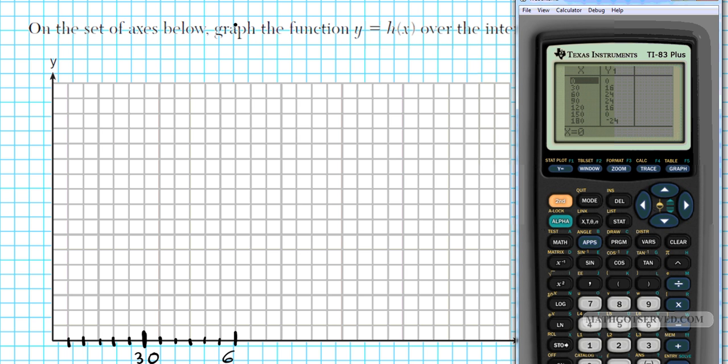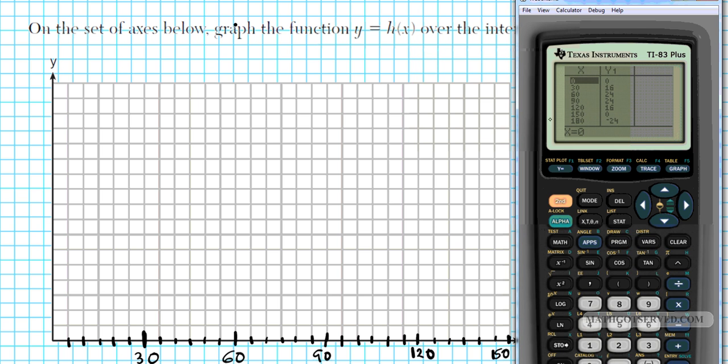That's 60. 1, 2, 3, 4, 5, 6. That's 90. 1, 2, 3, 4, 5, 6. What is that? That is 120. 1, 2, 3, 4, 5, 6. That's 150. Beautiful. Okay, now for the y-axis, we're just going to go by ones.